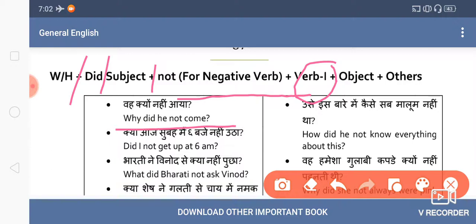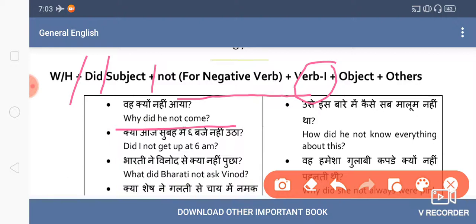We only use the second form of the verb in past indefinite tense positive sentences. We do not use it in interrogative or negative. For negative, we use did and again the first form. For positive, use the second form of the verb. For interrogative and negative, did will come, but the main verb will follow with the first form.